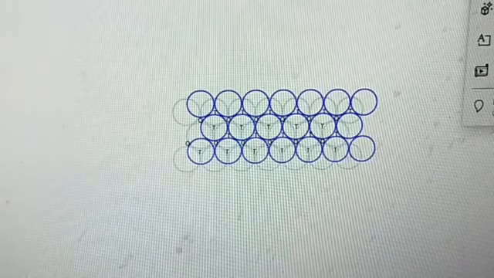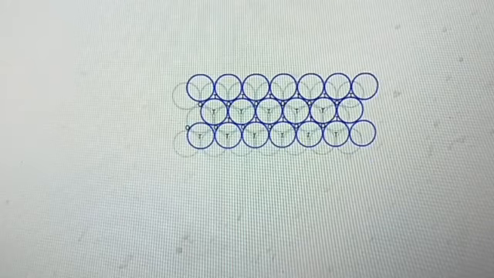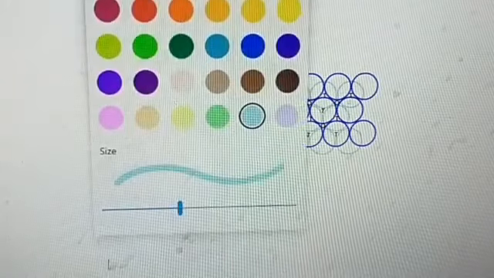Now see here, in this case of AB arrangement, what will happen?